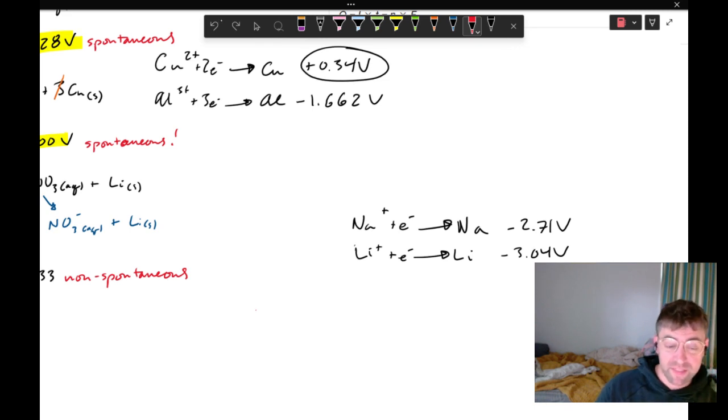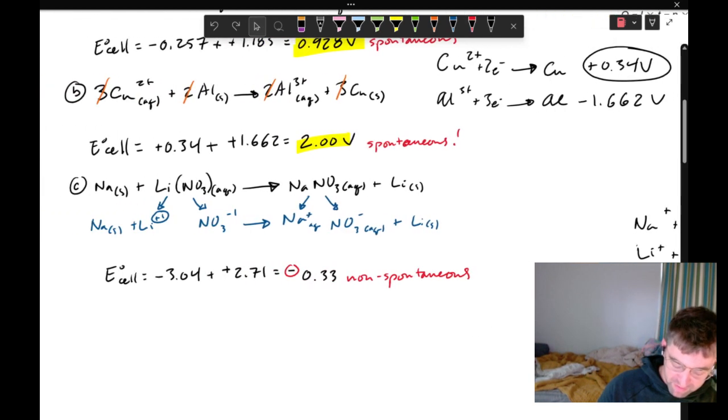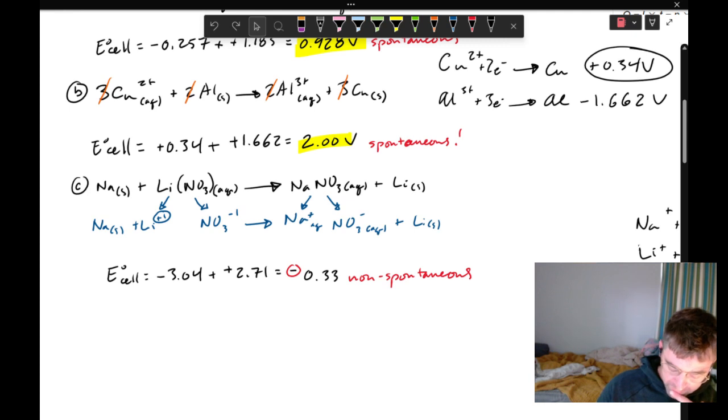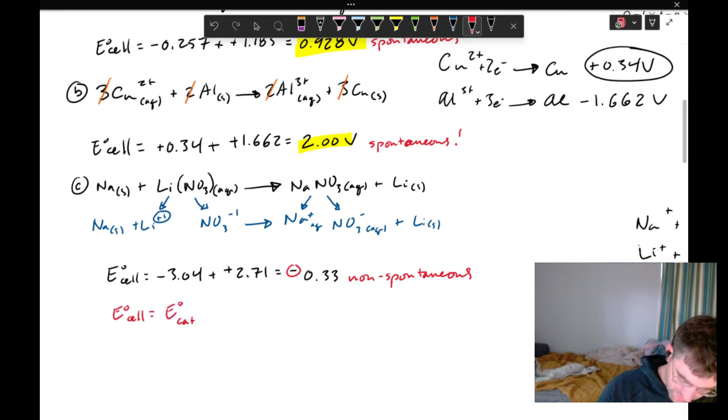So if you're given these forward or backward, I guess, just keep track of what those positive or negative values might be. But if you do it this way, and again, E naught cell equals E naught cathode minus E naught anode, your signs will be really, really easy.